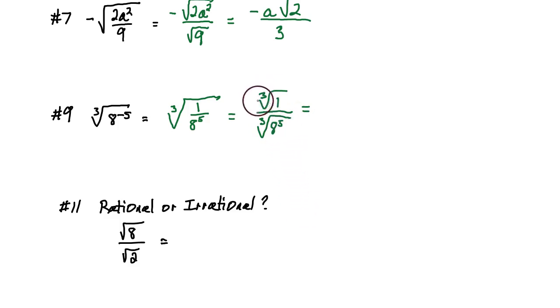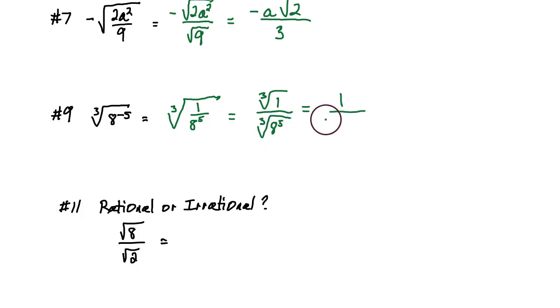In the numerator, we can find the cube root of 1. It just makes 1 because 1 to the third power is 1. In the denominator, we need to do some factoring. We try to find the cube root of 8 to the fifth power, but because this exponent is not a multiple of the index of 3, this won't work out evenly.